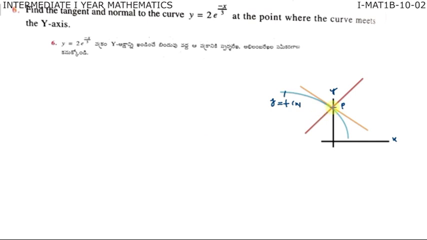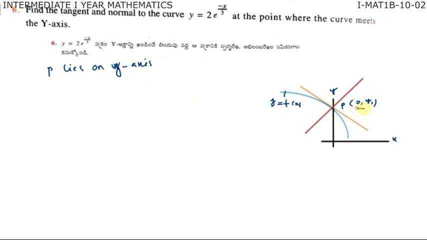So for that, first find P here. P lies on the y-axis, so that can be taken as 0, y1, since on the y-axis the x coordinate is 0.